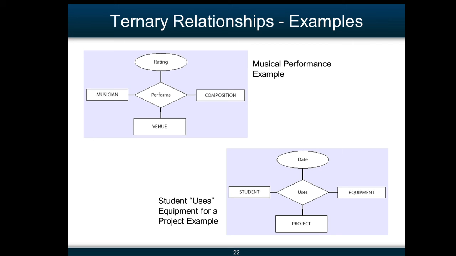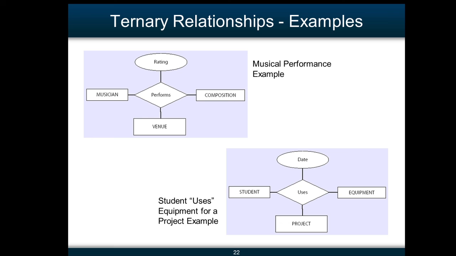Another example is the student, equipment, and project. They have the relationship uses, and there is data that needs to be recorded that pertains to the uses relationship, and that is the date. So we use the date as an attribute of the relationship uses.